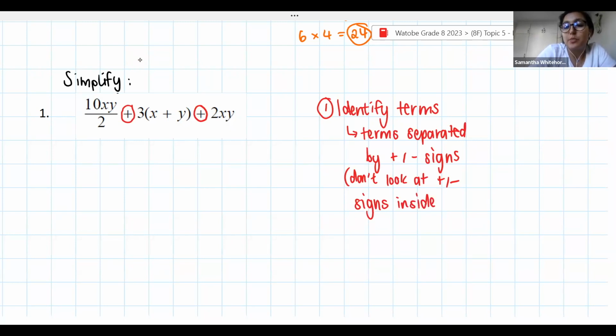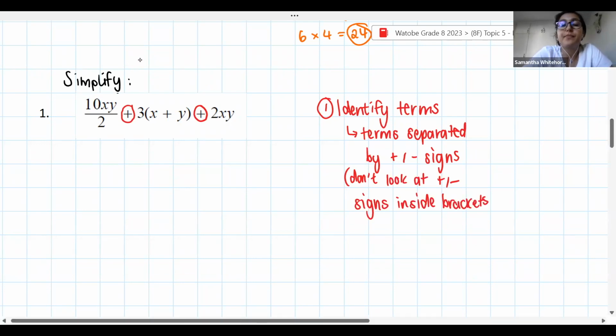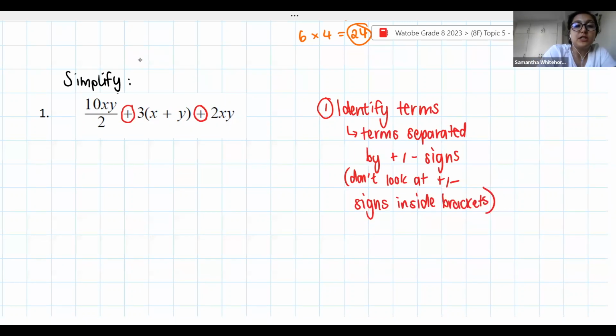They are inside the bracket, so we don't need to stress about it for the whole expression. So because I've got these two plus signs, this is separating my expression into 3 terms. There's my first term, here's my second term, and finally the plus 2xy is my third term.